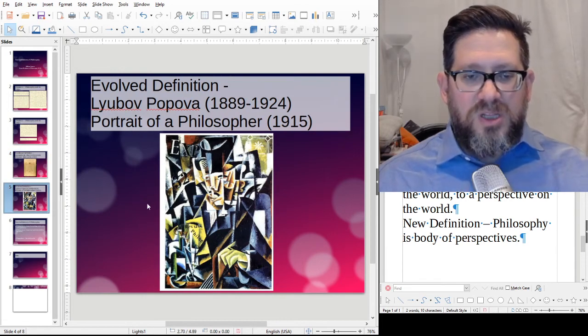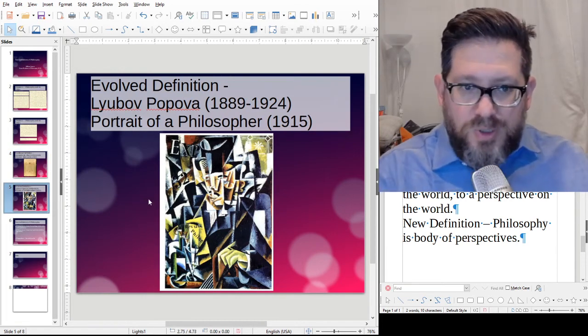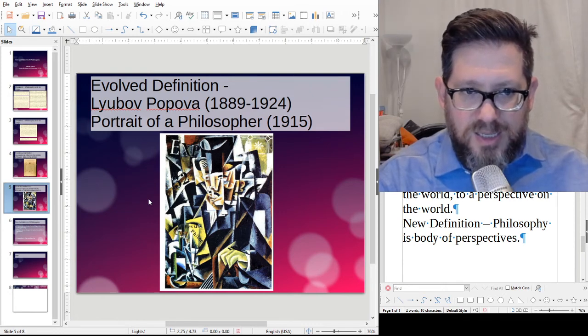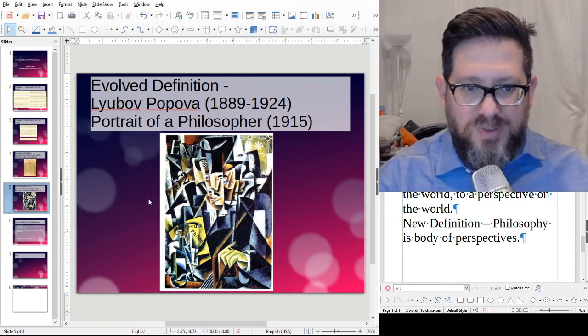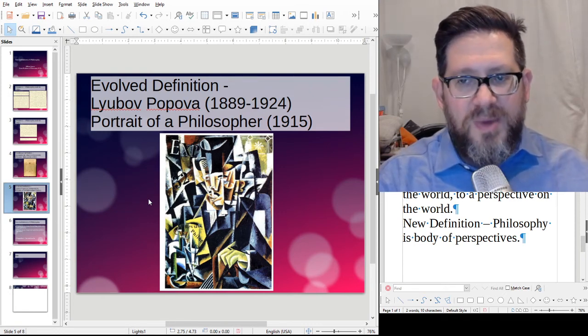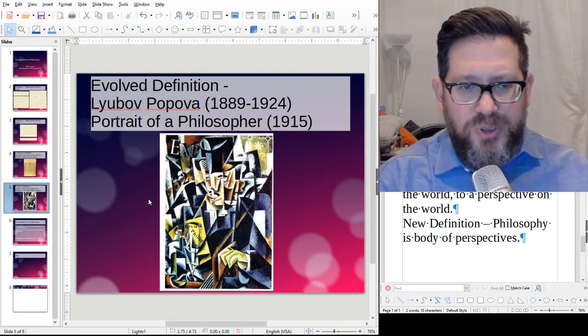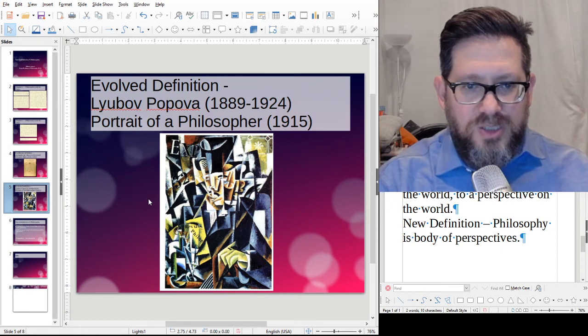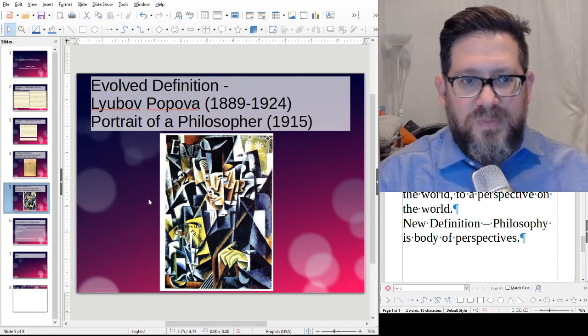Here we have a whole collection of perspectives all captured at once, and we try to see all those perspectives at once. I think this is a great painting to capture what William James is trying to present as this new definition of philosophy.